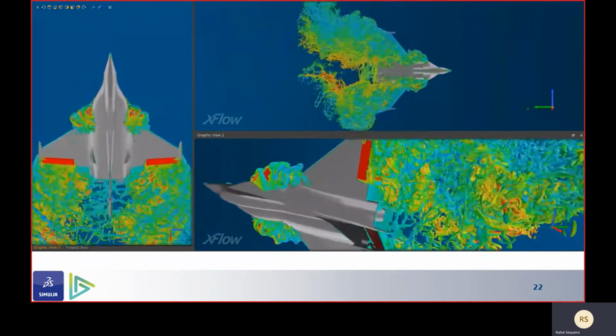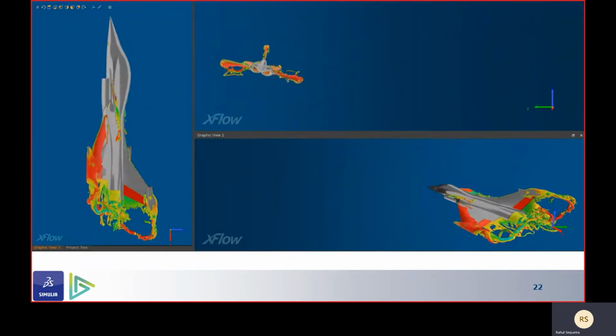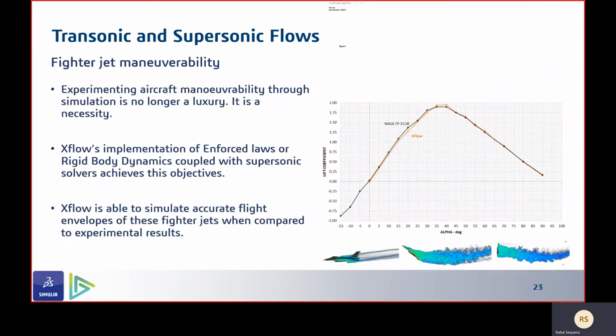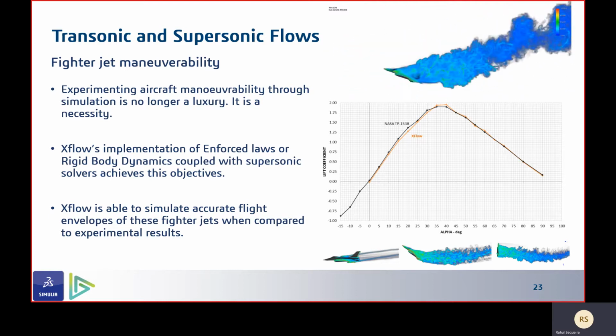As you know, these are expensive to experiment with. So they require transonic and supersonic flows, and XFlow has these sophisticated tools to solve them. Because of this, it makes these aircraft maneuverability techniques very easy to solve, and it becomes a necessity for CFD solvers to use.